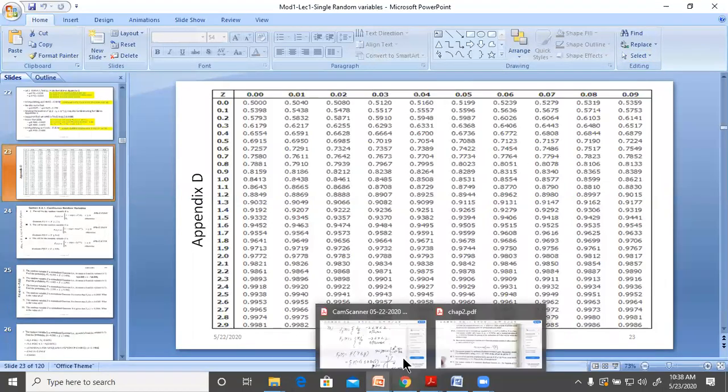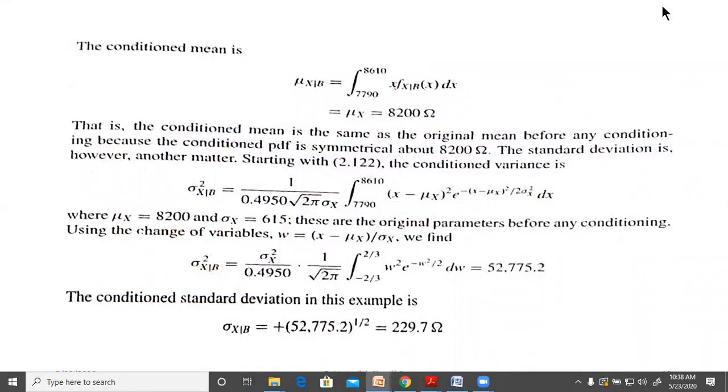So using that, here what you need to do is find this quantity, where this is 615, and this quantity is 0.7476 times 1 minus 0.7476.